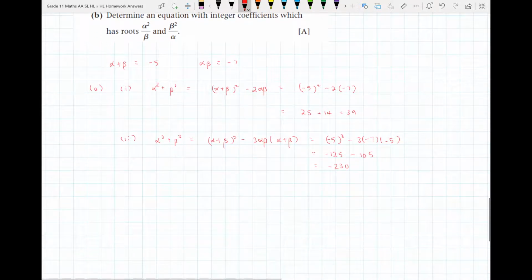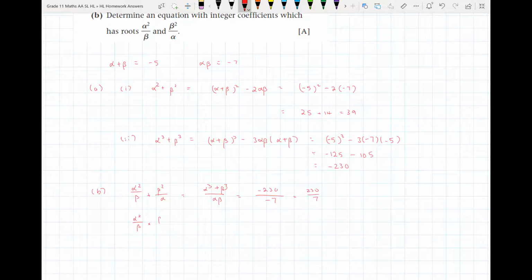So now we want to construct a new equation with these to be the roots. So let's find the sum of this first. We cross multiply, we get this here. But we already know what the sum of cubes are. So we can just substitute from part i, and this will be the fraction. As for the product, we can actually simplify this a little bit.